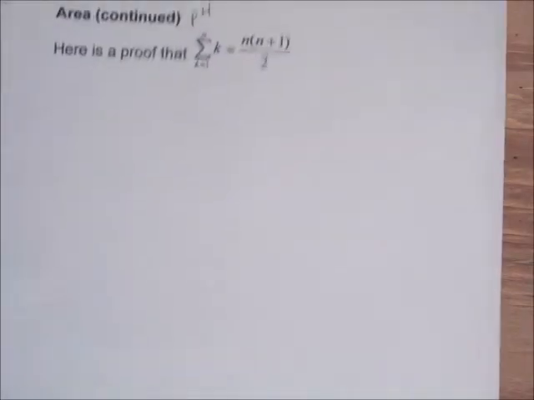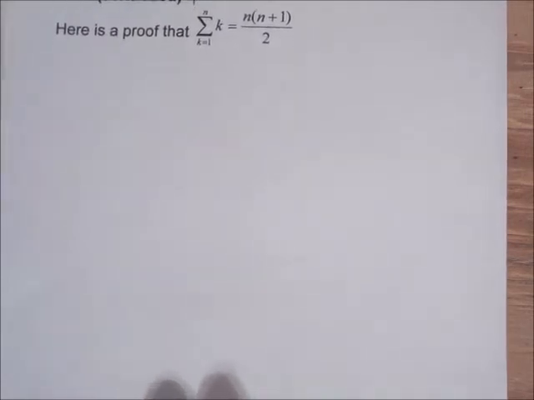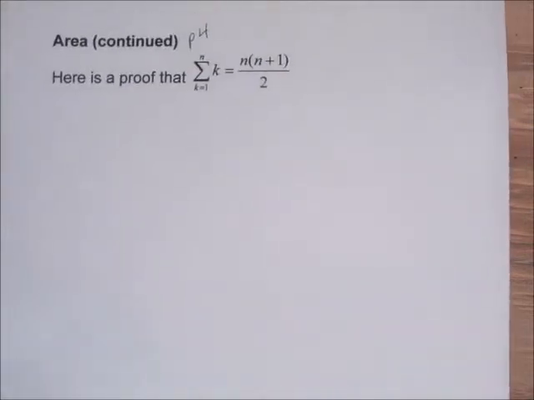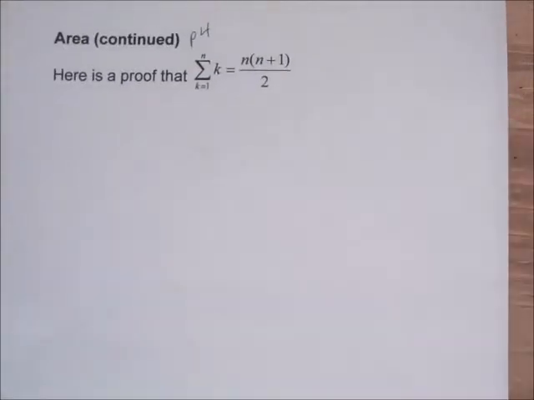And here's a proof for the first formula I had up there, a proof that the summation k equals 1 to n of k is n times the quantity n plus 1 over 2.